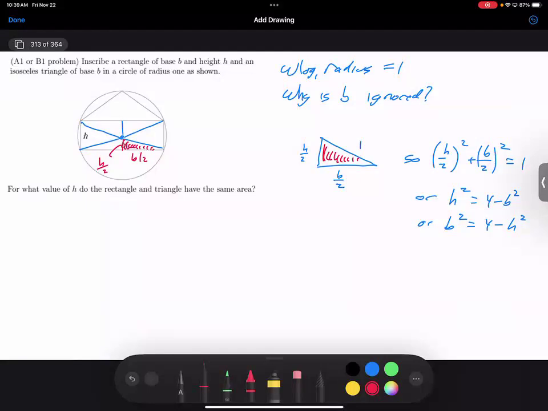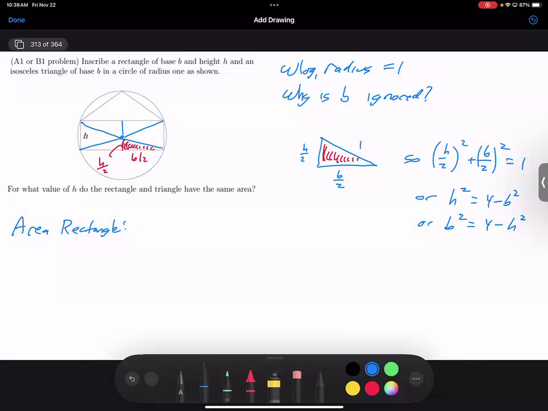So is it easy or hard to find the area of the rectangle? Well, I guess it's only one equation.